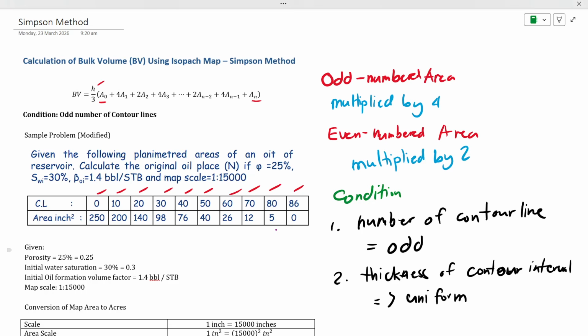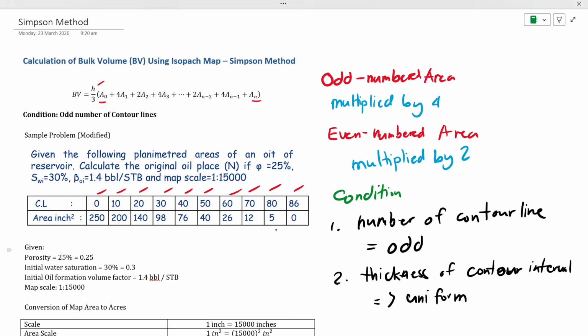So this means the first condition is not satisfied, and we need to make some adjustments here. We have a total of 10 contour lines.